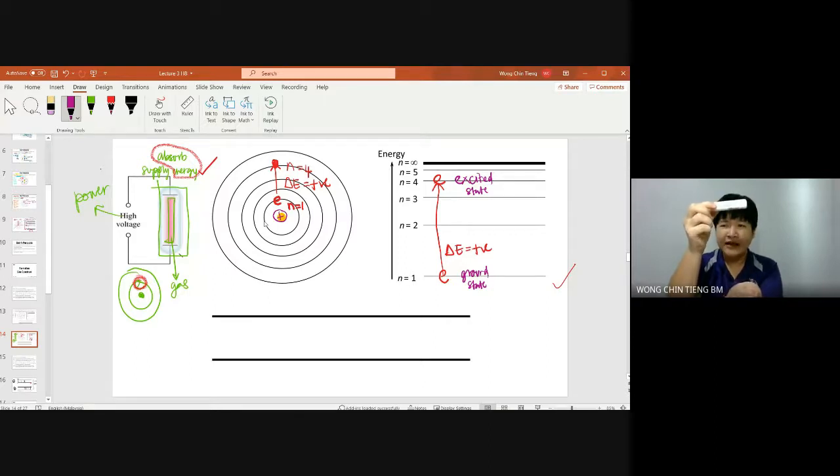Tapi duduk kat atas akan last forever? Tak, dia takkan duduk kat sana forever. Dia akan jatuh balik sebab nucleus akan tarik dia balik. Okay, that is the reason why the excited state is very unstable. The electron at the excited state is very unstable dan dia akan jatuh balik.